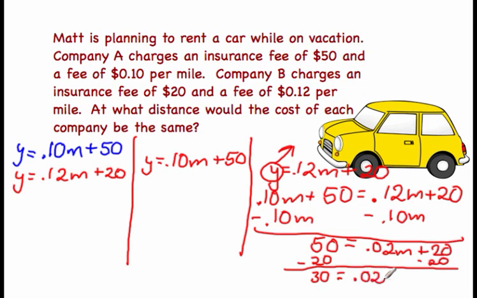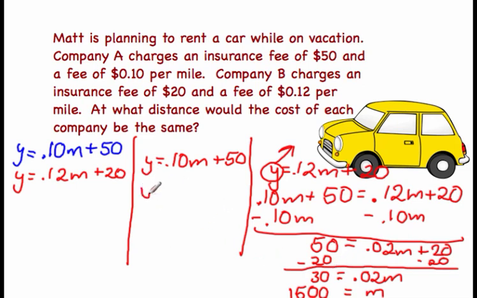And yes, we have a decimal, but we can divide. We can use our calculator to do 30 divided by 0.02, and we find out that at 1,500 miles, both companies are going to cost the same amount. Let's find out what that amount is.